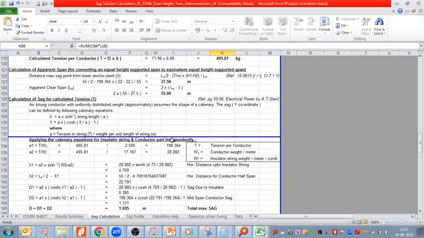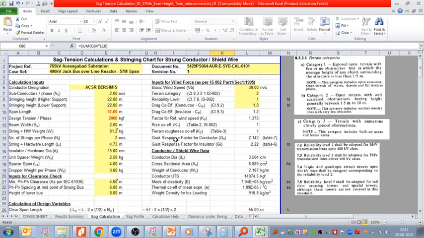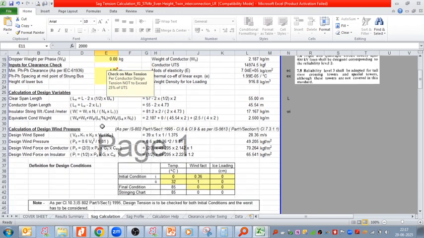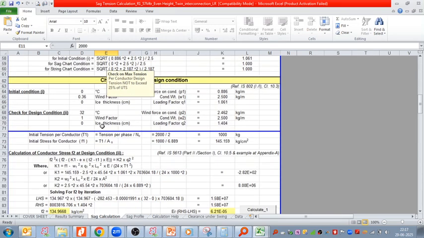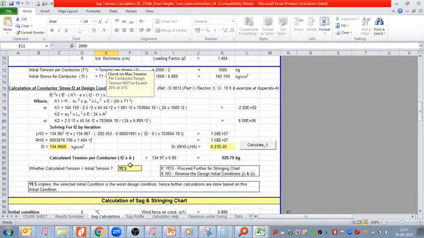So in this calculation also, I'm assuming one static tension, which is again 1000 kg. You can see design tension per phase, 2000 kg because twin conductor, so 1000 kg per conductor we need to take, and this is my design tension. Then I'm calculating here the final tension, which comes to a tension per conductor of 929.79 kg, slightly less than the design tension or assumed initial tension.